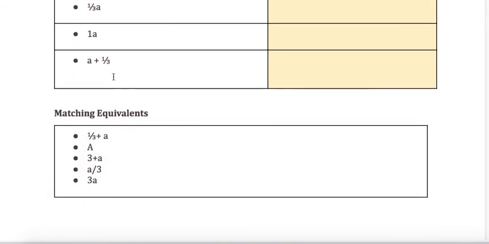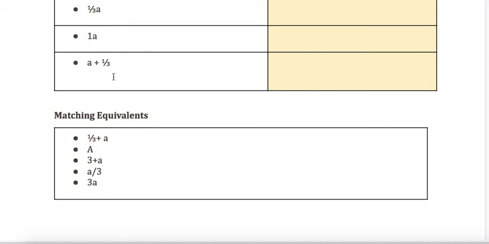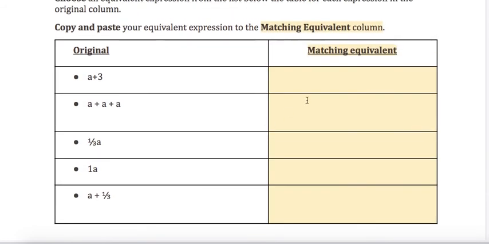Which of these down here is equivalent to a plus 3? Well, 1/3 plus a is not going to be equal to that. And a plus 3 can't equal a. But a plus 3 could equal 3a. So I'm going to hit Control C to copy and scroll up and Control V to paste. So that is your strategy.